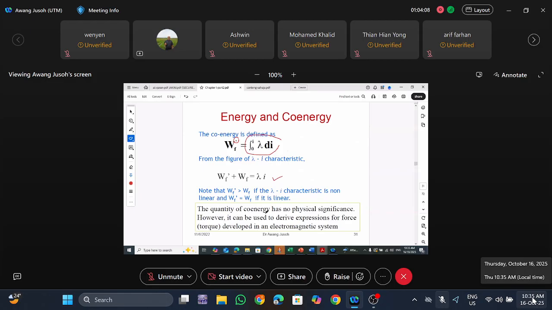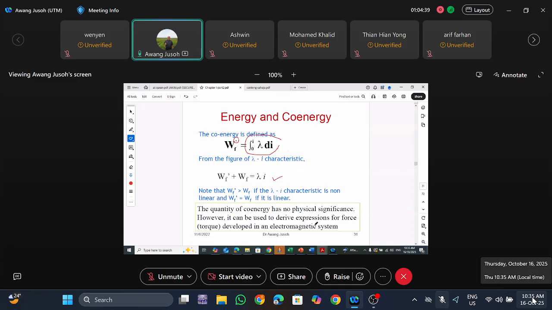So you can see that statement there: the quantity of co-energy has no physical significance. There is no real part. However, it can only be used to derive an expression to find the force or torque developed in an electromagnetic system. So W F prime is just a method for us to derive or calculate the force or torque. It's a technique.